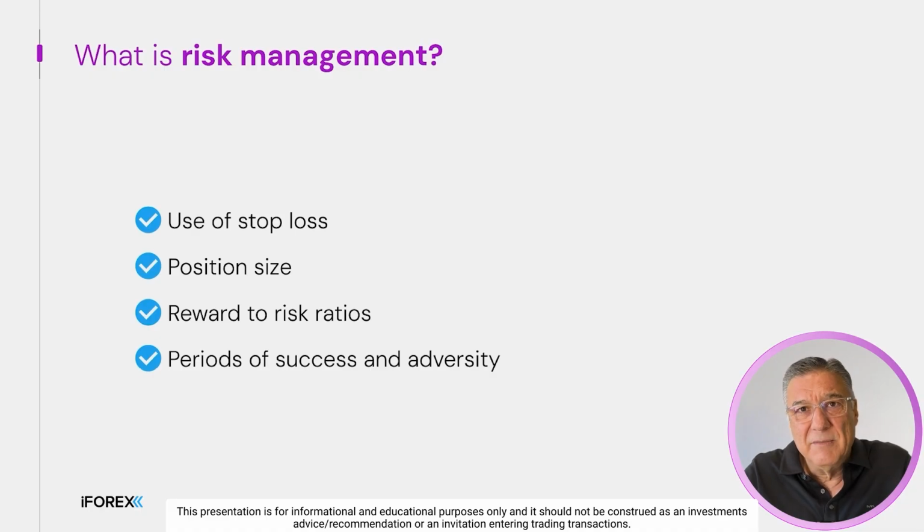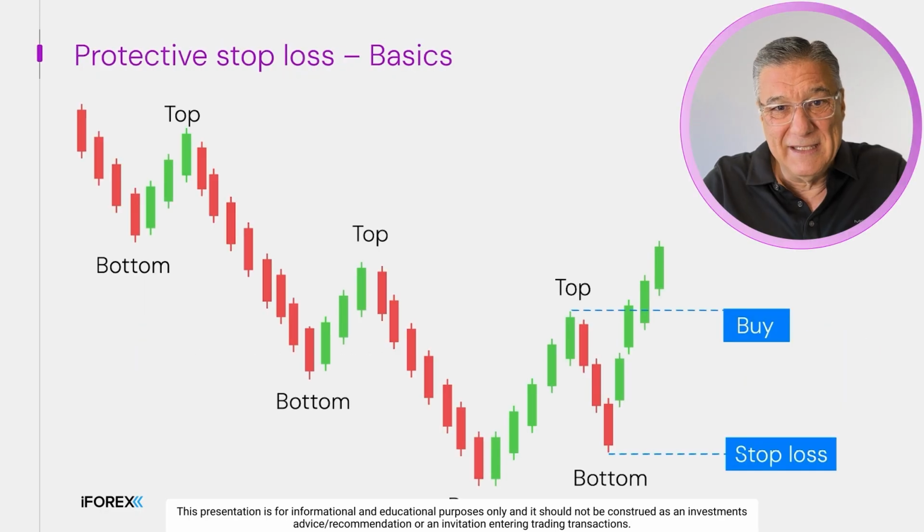We can use these terms interchangeably, reward to risk or risk to reward ratio. And what do we do in periods of success when we make profit, or adversity when we lose money? Do we double? Do we triple our position size, or do we reduce it? So we have to know what we do in these special cases.